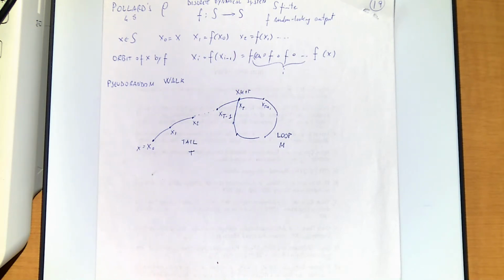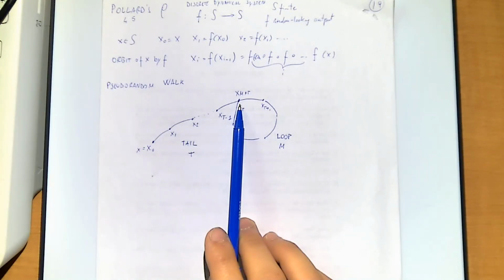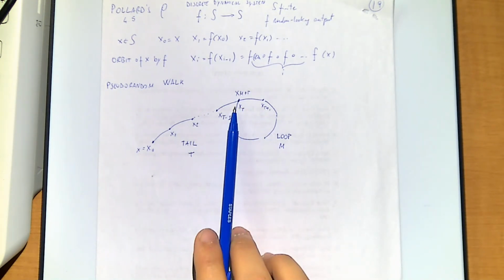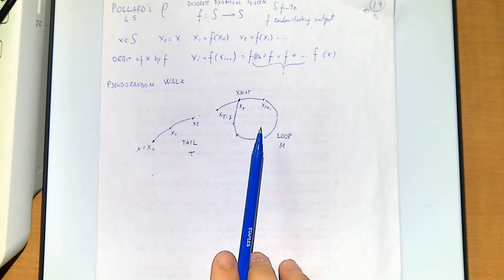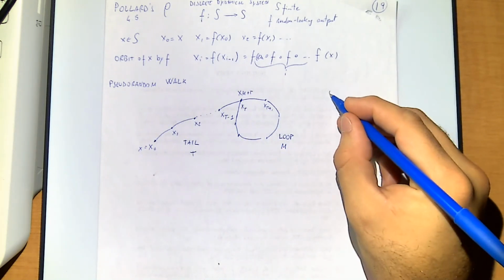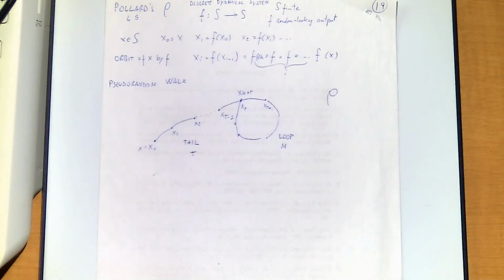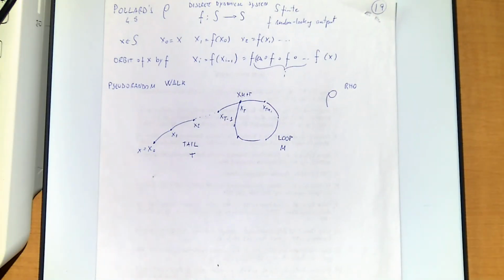I don't know why m for the loop, I didn't want to use L. But clearly there is going to be a tail of elements that are hit distinctly, and then the first element of the loop is the first element that is duplicated. After you hit that, it's just going to keep looping. And if you look at this shape, it really looks like the rho. This is the Greek letter rho, which is the letter for the R sound in Greek, and that's why this is called the rho algorithm. Because it's got the tail and then it loops around.